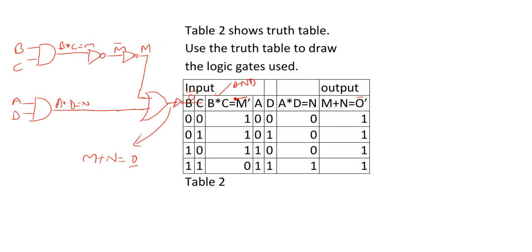The final output is M, so you complement M to get not M. Then you take A and D, you pass them to a normal AND gate, you get N. Then you OR the M and N to get O, where O is now complemented using a NOT gate to get not O.